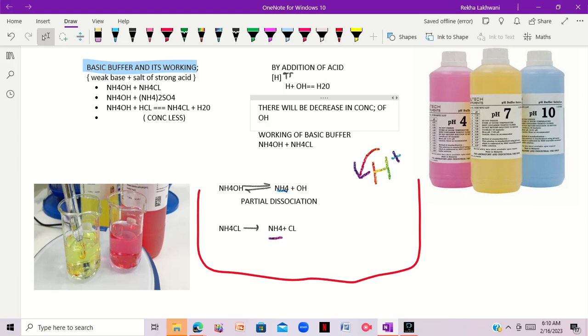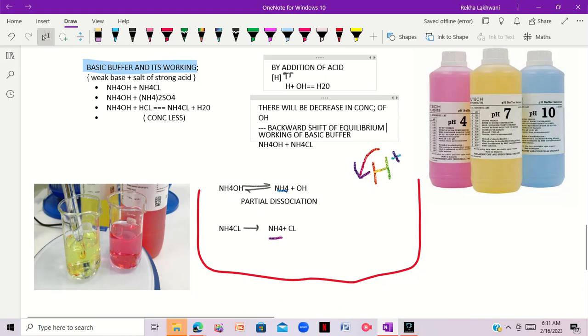So what will happen? This ammonium hydroxide will again react, and the equilibrium will shift backward.